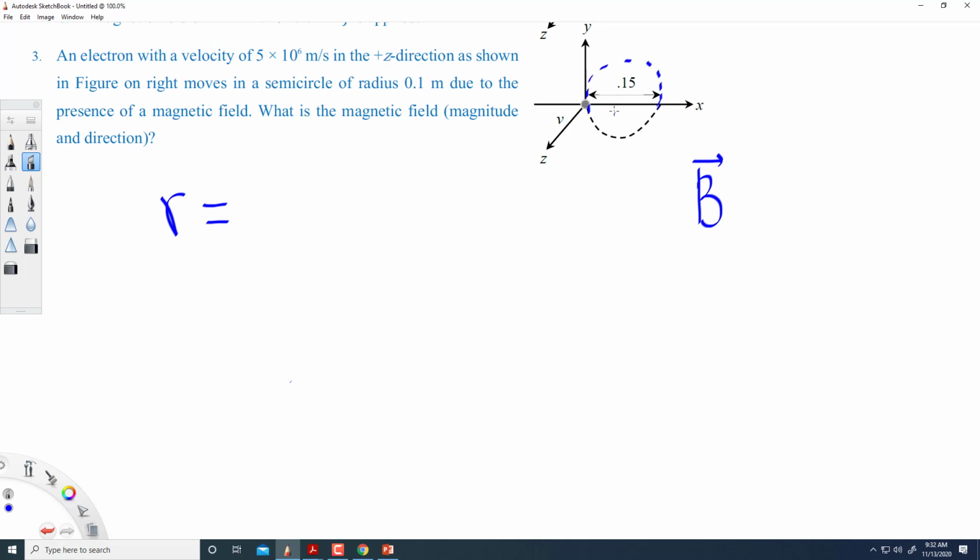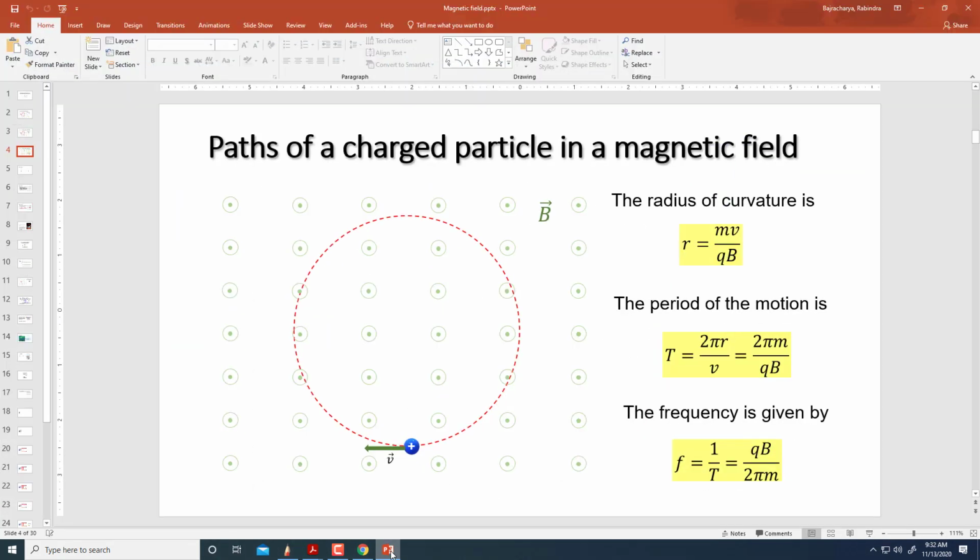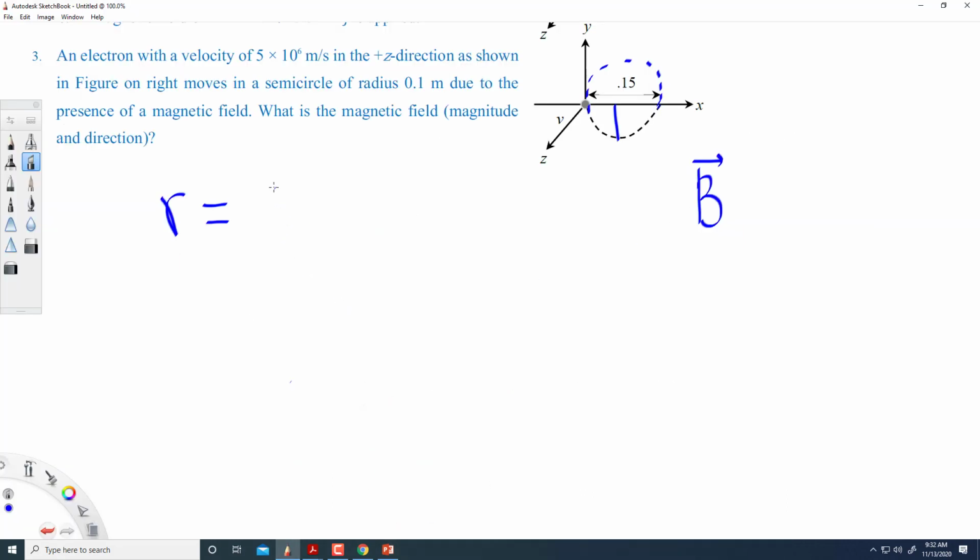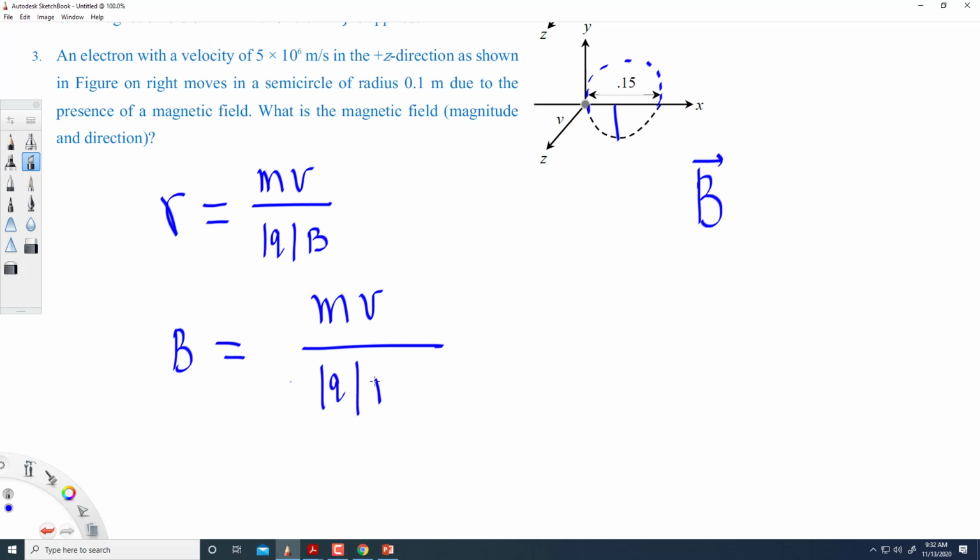Okay, so the radius is given by mv/qb. Okay, so this q, you don't need to worry about the sign, you can write the magnitude of that. And we want to find B in this case, so B is, rearranging that, mv over qr.